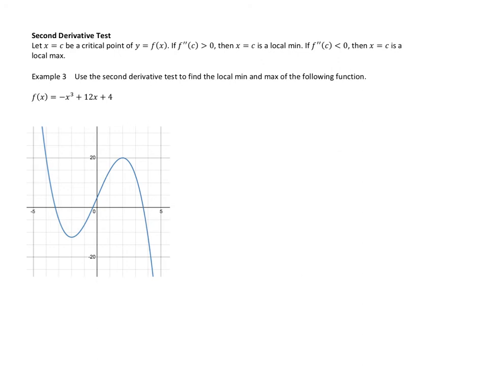Oh, and there are clearly two critical values just by looking at the picture of this function. This spot is a critical value, the derivative is 0 there. And this spot is a critical value, again, because the derivative is 0 there. But I'm noticing something that is different between these two critical points, and it has to do with concavity.